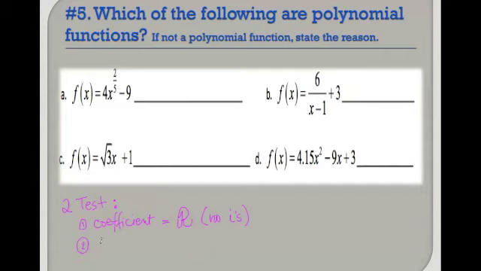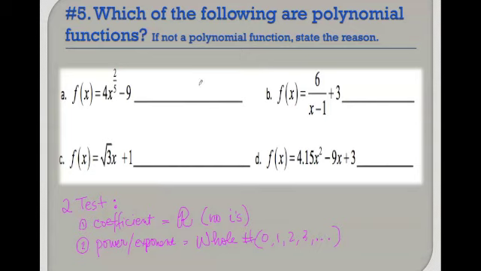And the second test you want to look at are the powers, or the exponents. And the exponents must be whole numbers. That means 0, 1, 2, 3, and so on. So no fractions, no negatives.